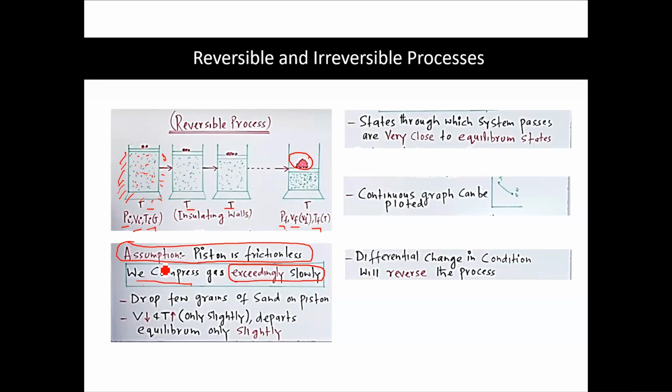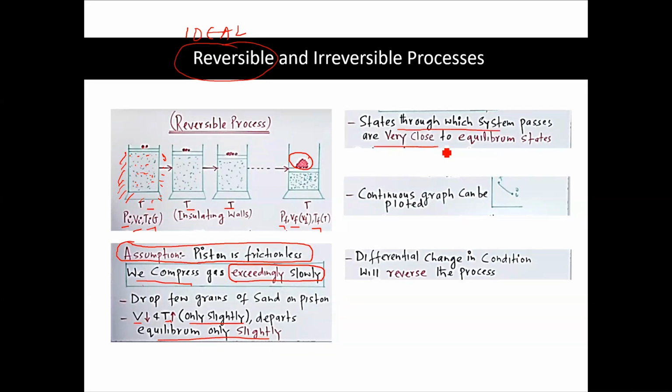Again, that's an idealization. A reversible process, always remember, is an ideal process. As you're compressing, your volume is decreasing, your temperature is increasing only slightly. So your system departs from the equilibrium very slightly, or in a very small quantity.